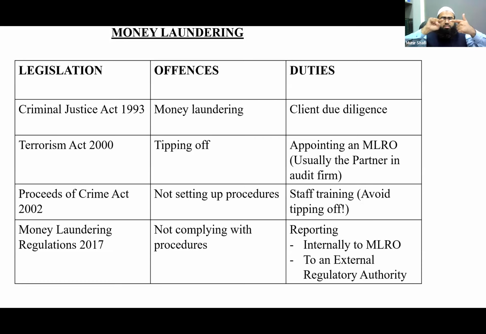That partner will be discussing with the money laundering reporting officer, another peer partner in the firm. Getting this? And if this offense is really serious and it is 99% confirmed that yes, this is a money laundering offense, we need to communicate to the external authority.